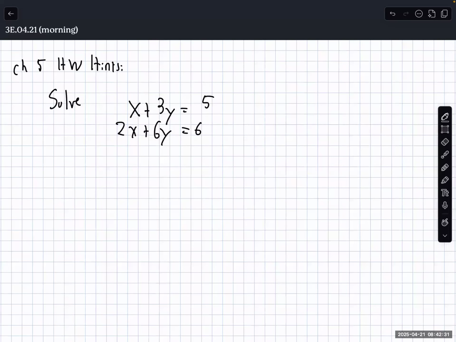Okay. What I want you to notice here is on the left side, the bottom is 2 times the top. Oh, whoops.